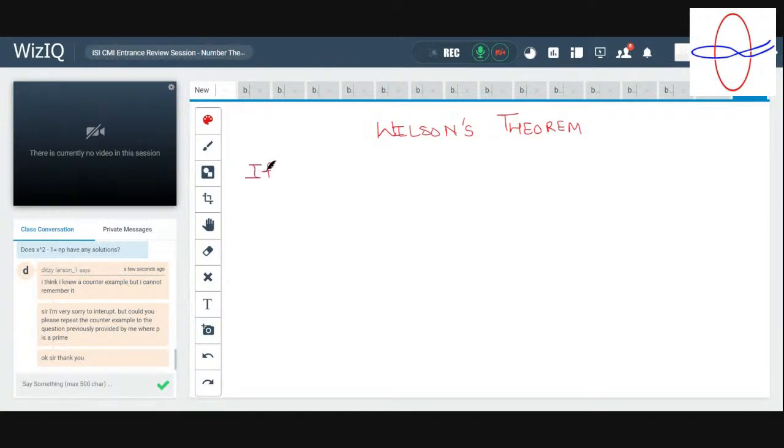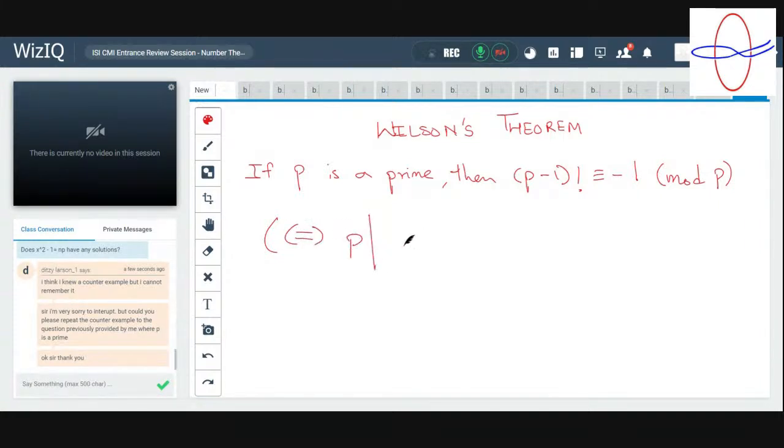This states that if p is a prime, then p minus 1 factorial is congruent to minus 1 mod p, or equivalently, p divides p minus 1 factorial plus 1. Converse is also true. So if such a situation arises, then p has to be prime.